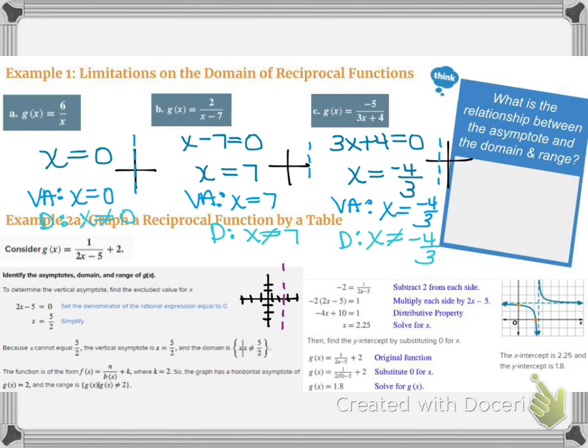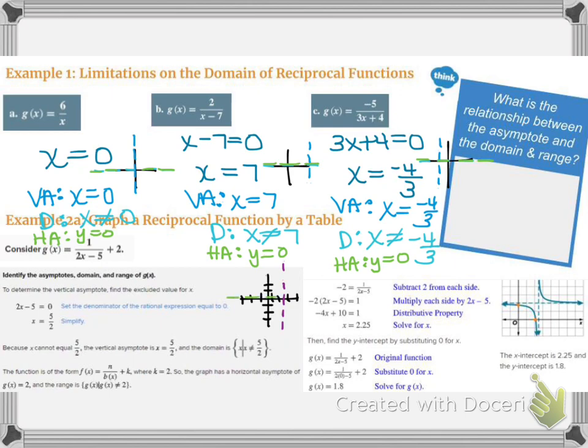Now, in reciprocal functions, my horizontal asymptote is usually just this 0 here, the x-axis. So in all of these, my horizontal asymptote is at y equals 0. The exception to these asymptotes is when there's a vertical transformation, specifically translations.